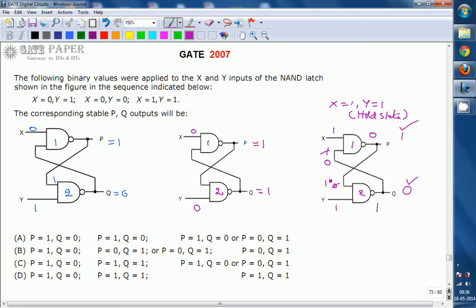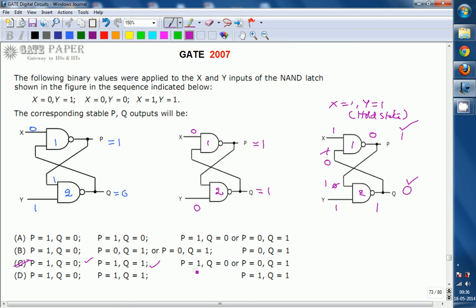So the right answer for this question is C. Look over here, C. For X is equal to 0, Y is equal to 1, PQ is equal to 1 0. This is right. And the second set is X is equal to 0, Y is equal to 0, where P is equal to 1, Q is equal to 1.